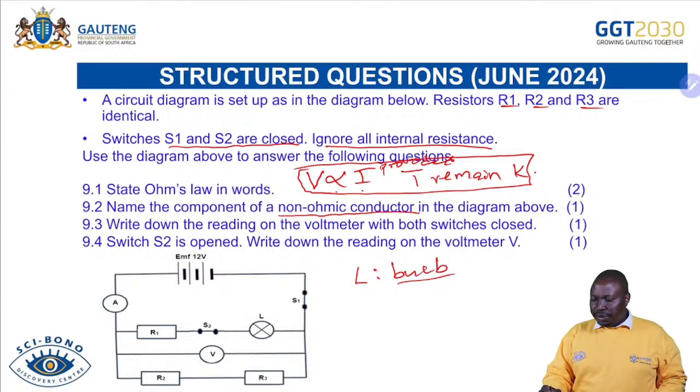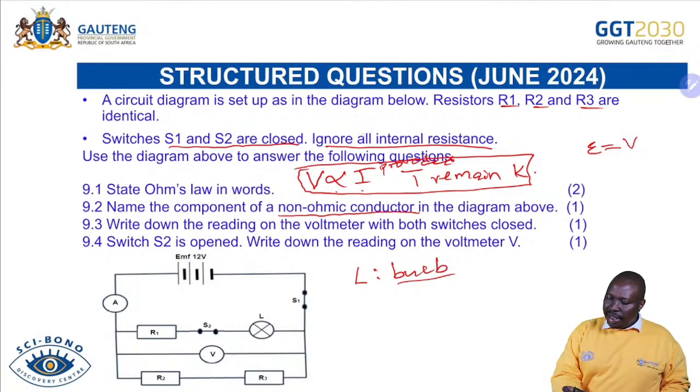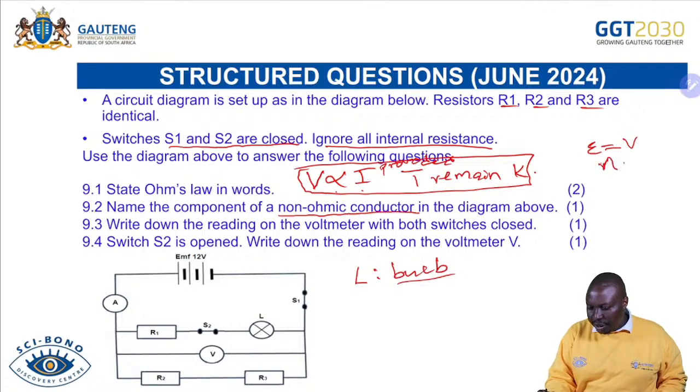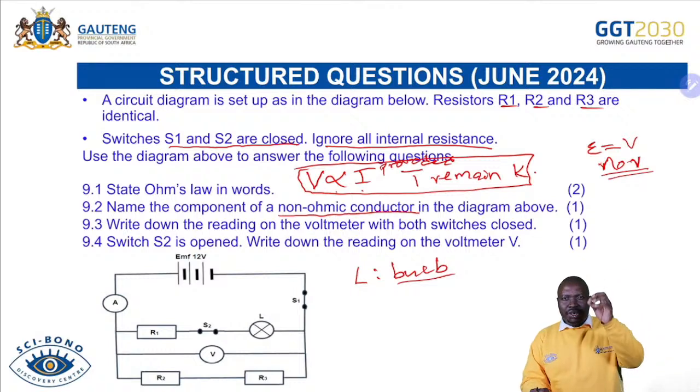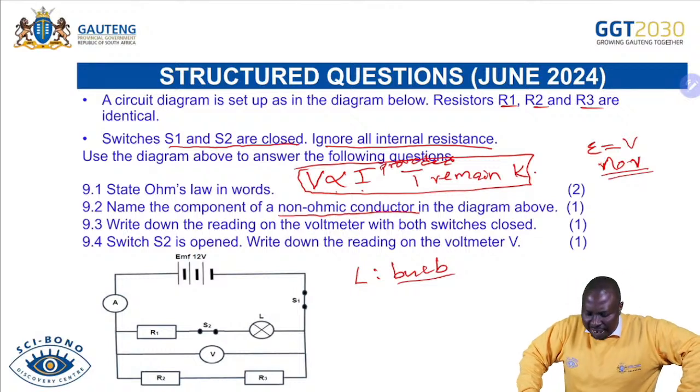Remember what we said: EMF and the total potential difference are equal when there is no internal resistance.